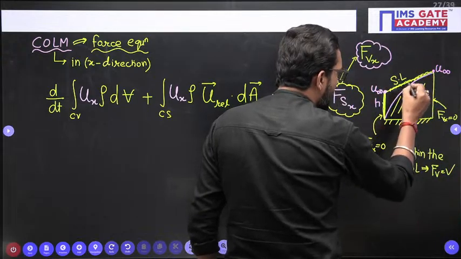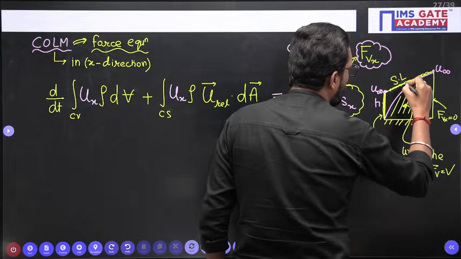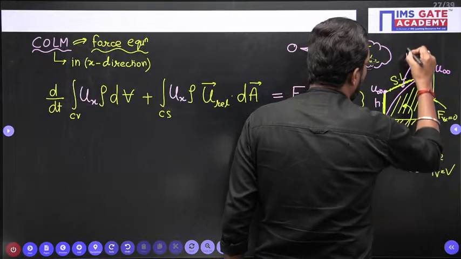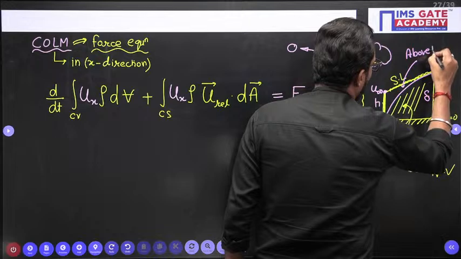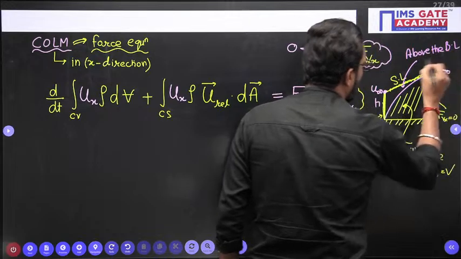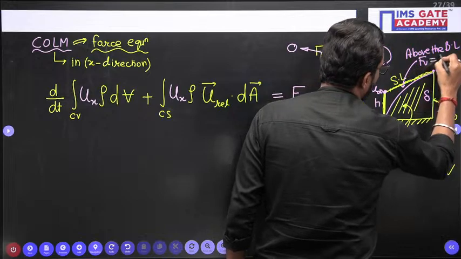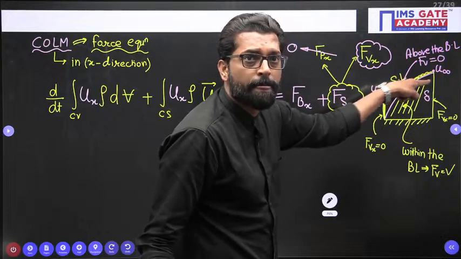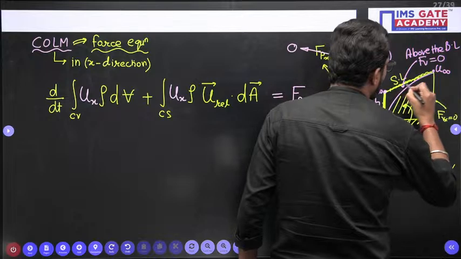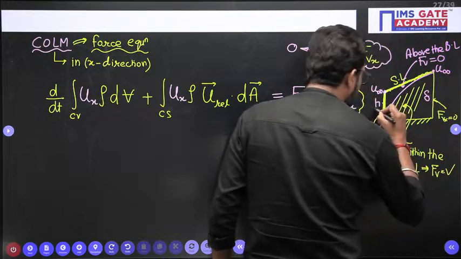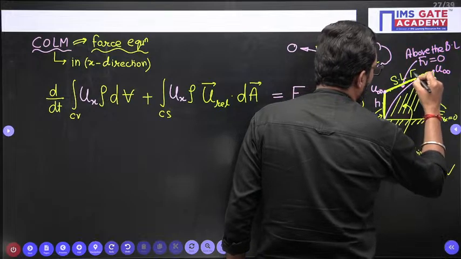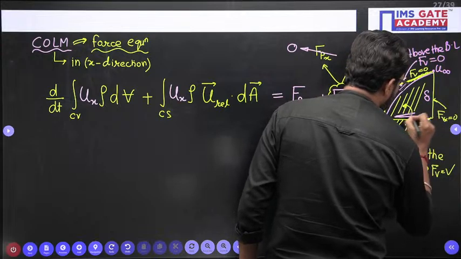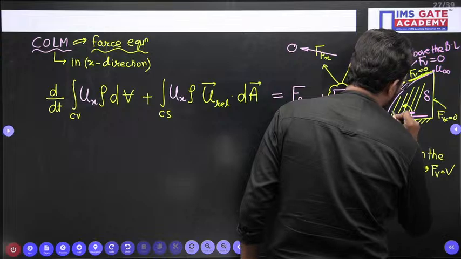But this streamline is above the boundary layer, so above the boundary layer viscous force is 0. On this streamline there is no viscous effect. So the only viscous effect is at this zone, and this is called drag force, Fv.